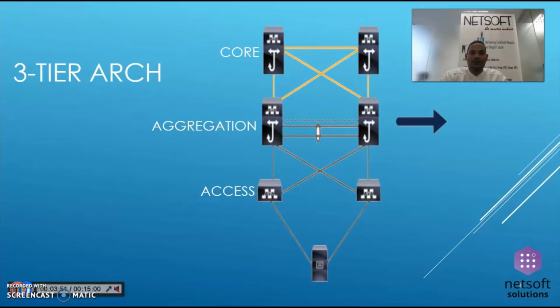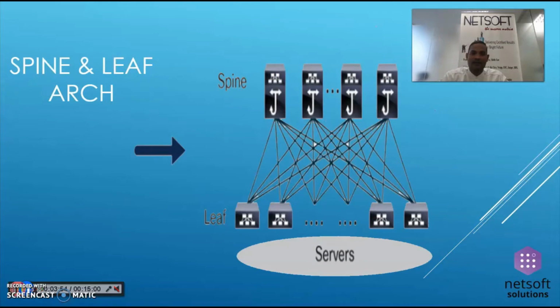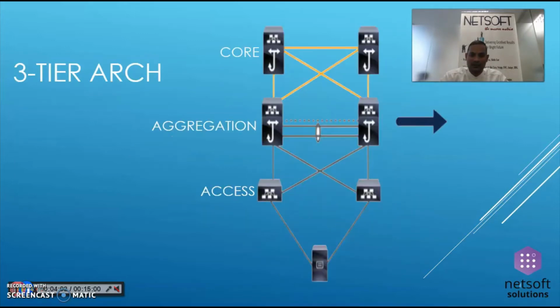What you can see in the difference between the three tier architecture and the spine and leaf architecture is that in the three tier architecture you have three dedicated levels that perform three different functions. The access layer is basically used to send queries and get replies from your servers to the core, so it handles basic switching.